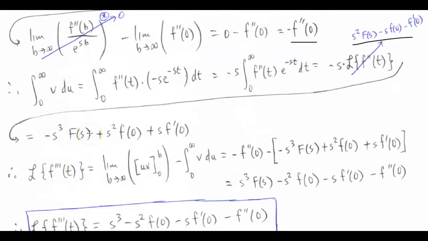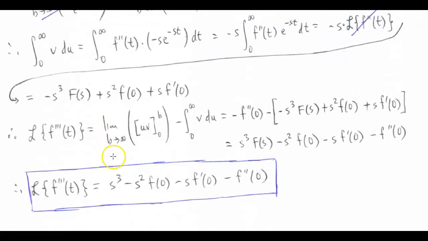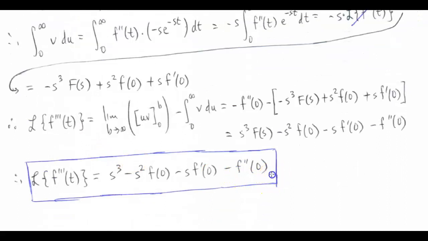And again, kind of what we were expecting. And so we see that the third derivative, if we take the Laplace transform of that, in general, we have this situation here, and this is a mistake. This should be s cubed times the Laplace transform of f of s. So glad I caught that.